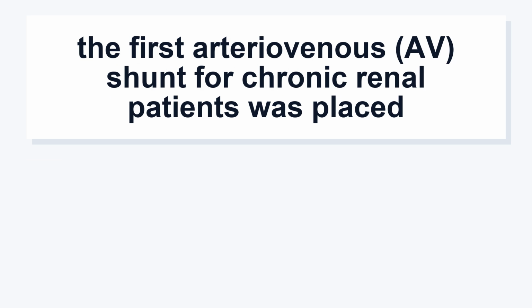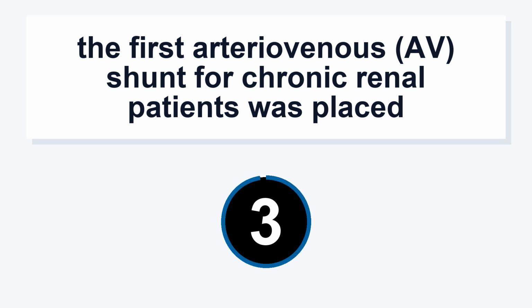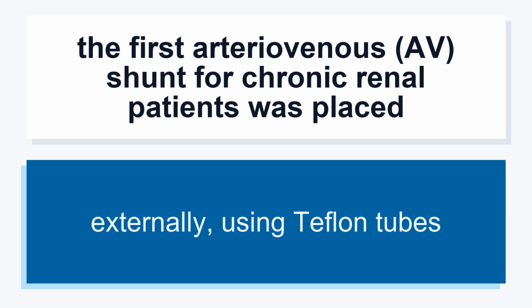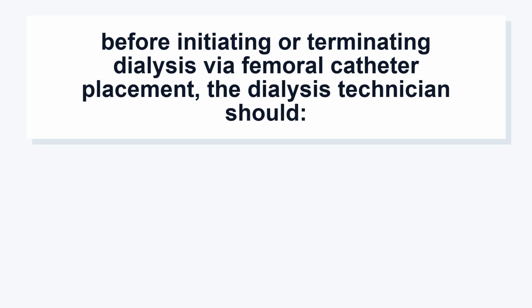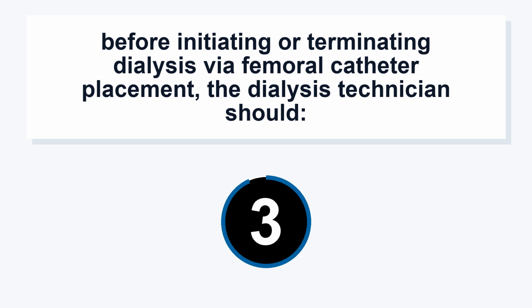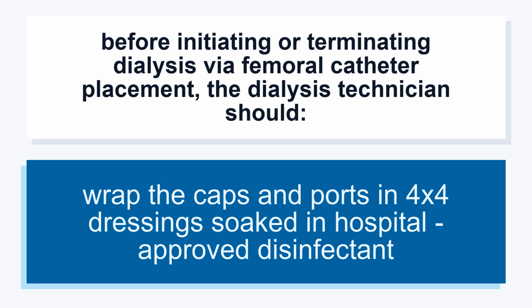The first arteriovenous (AV) shunt for chronic renal patients was placed externally, using Teflon tubes. Before initiating or terminating dialysis via femoral catheter placement, the dialysis technician should wrap the caps and ports in 4x4 dressing soaked in hospital-approved disinfectant.